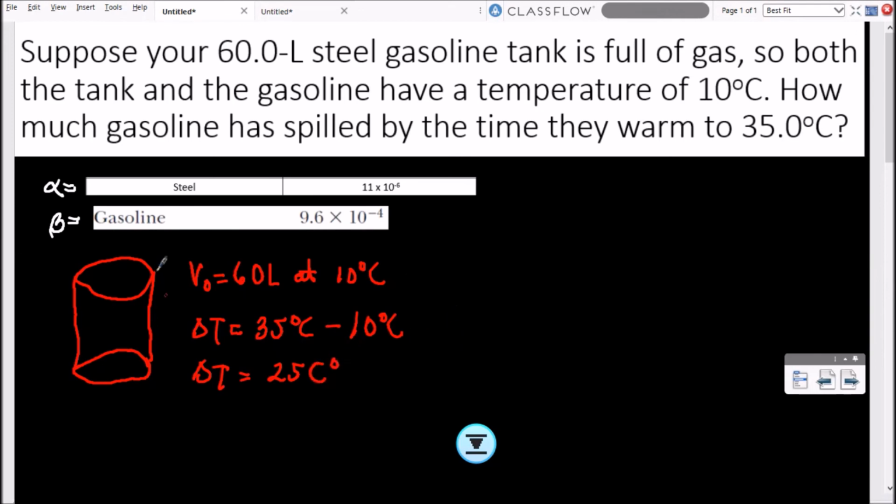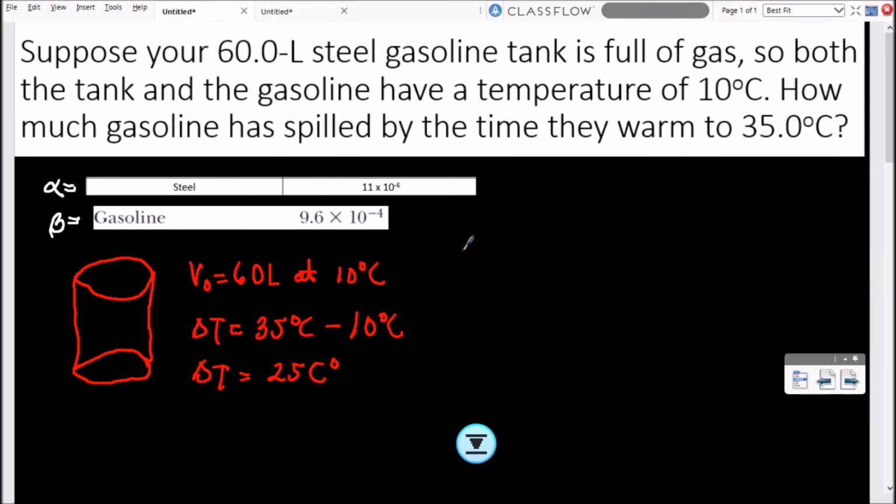All right. So if we're going to compare the volume expansion of the steel tank and gasoline, the steel tank is a solid material, the gasoline is a liquid material. So it's expected that the gasoline will expand faster compared to the solid material.